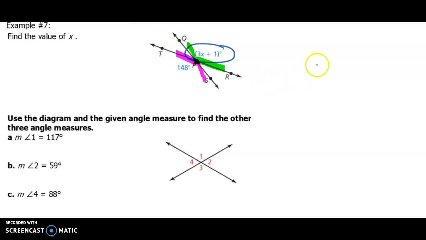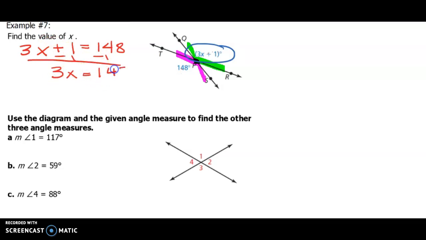And as we learned, vertical angles are congruent, and these two angles are vertical angles. So if they're congruent, that means they have to be equal in measure. So we can say 3x plus 1 equals 148. And now we've taken a geometry problem and we've turned it into an algebra problem. So subtract 1 on both sides, 3x equals 147, divide both sides by 3, and I get x equals 49.